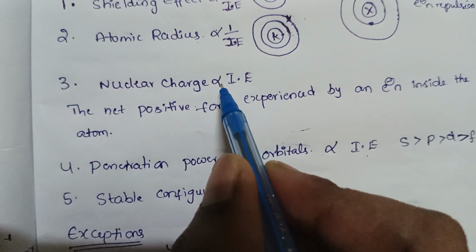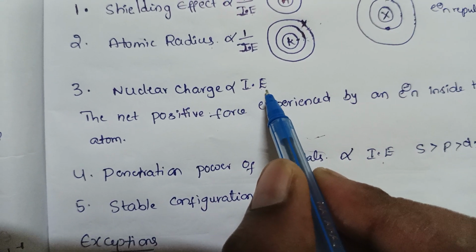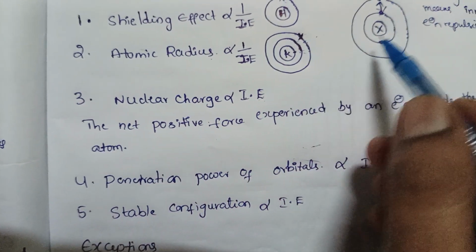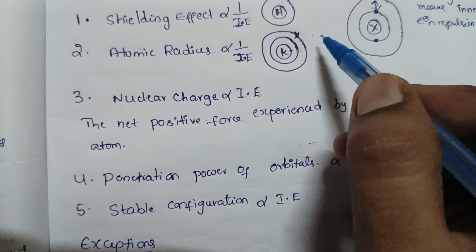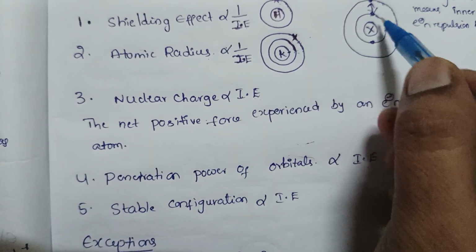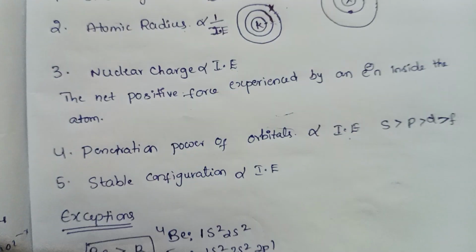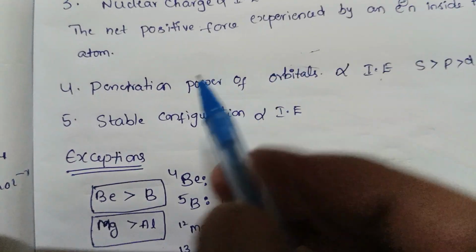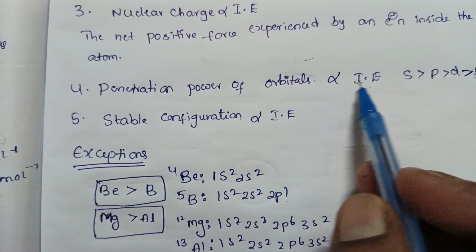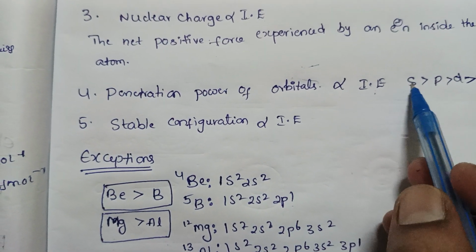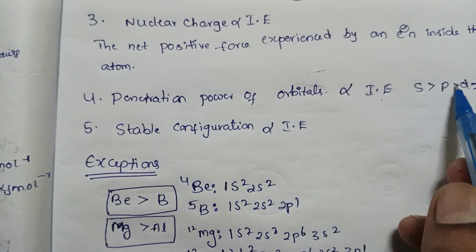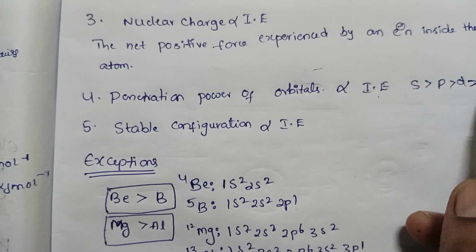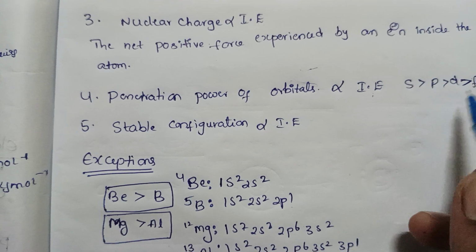Nuclear charge is directly proportional to ionization energy. If nuclear charge is more, ionization energy is more. Penetration power of orbitals is directly proportional to ionization energy. S orbital is greater than p orbital, p is greater than d, and d is greater than f orbital.